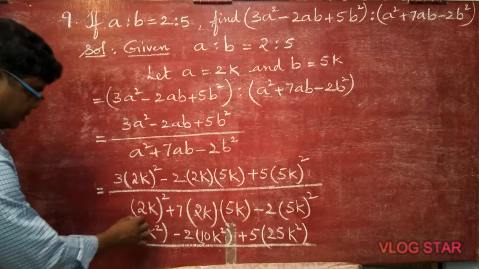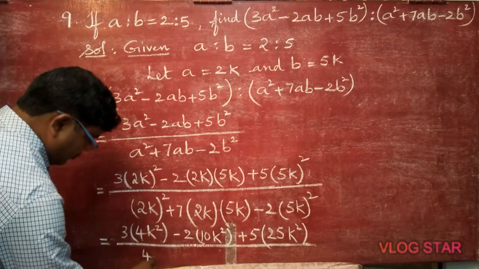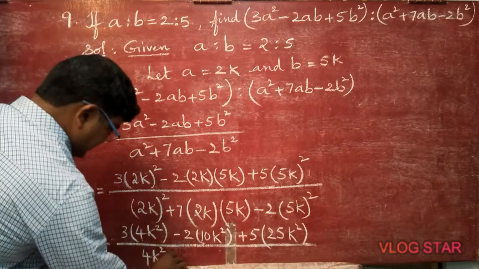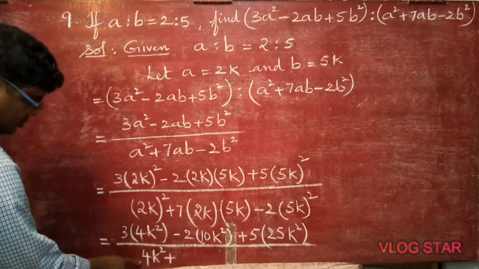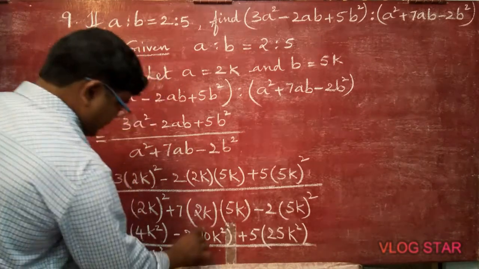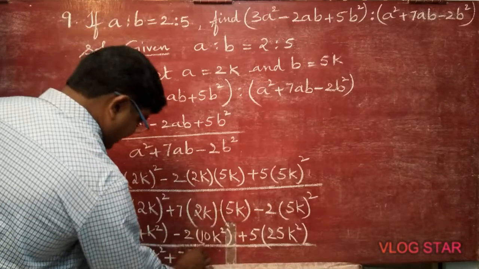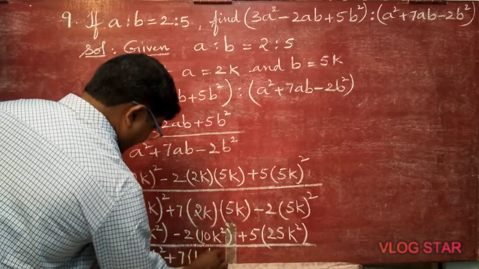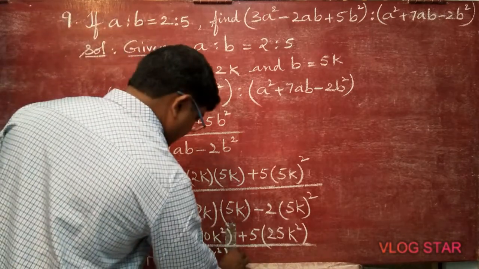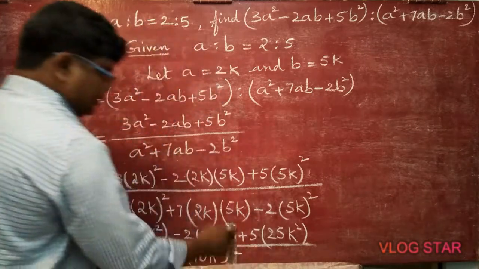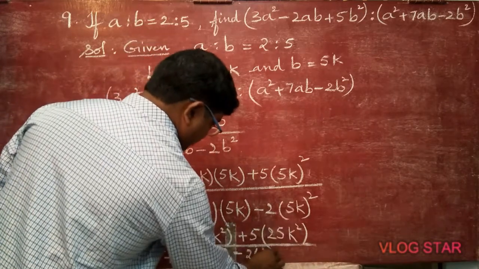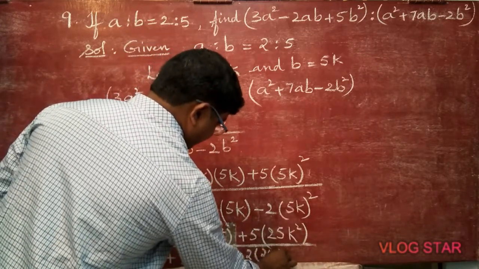Coming to denominator, 2 2s are 4, so 4K square, plus, here no number is there, so direct 4K square plus 7 into 2 5s 10, 10K square, minus 2 into 5 5s 25, so 25K square.